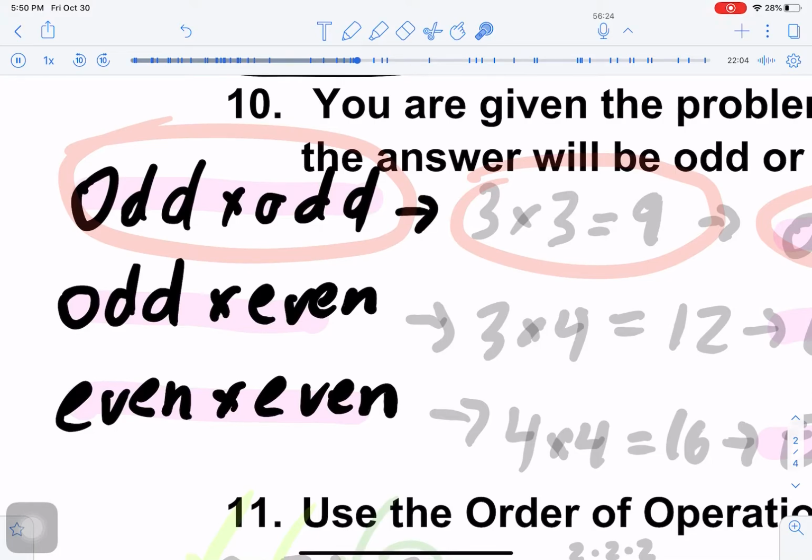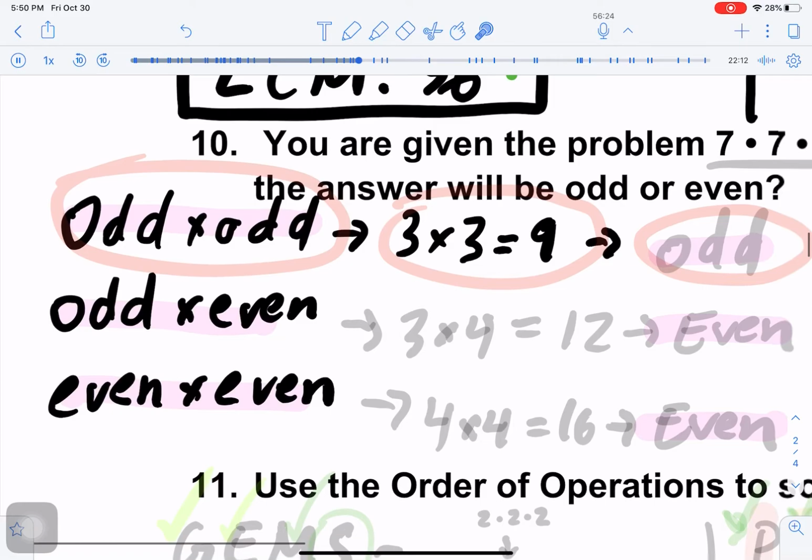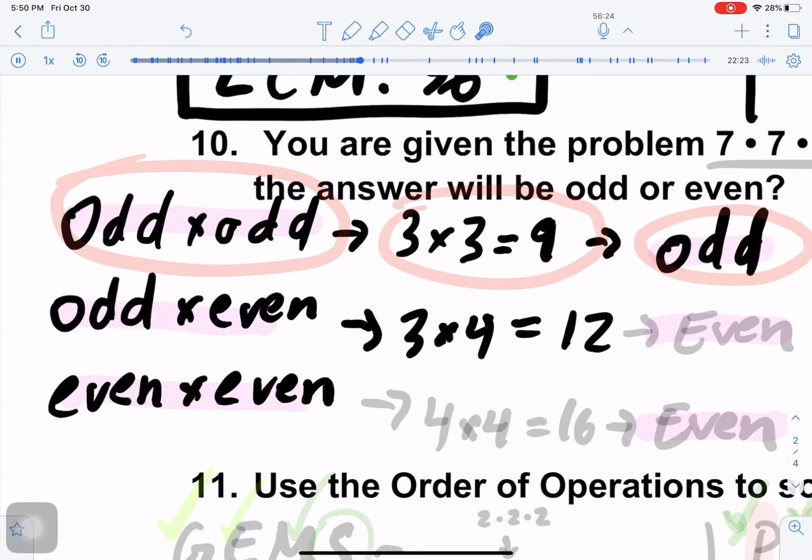Thinking about odd times an odd, we can try any number here, like 3 times 3. This gives me 9. So I know anytime we see odd times odd, this will give us an odd number. Odd times even, I'll try the numbers 3 times 4. This gives me 12, so I know odd times even will give me even.